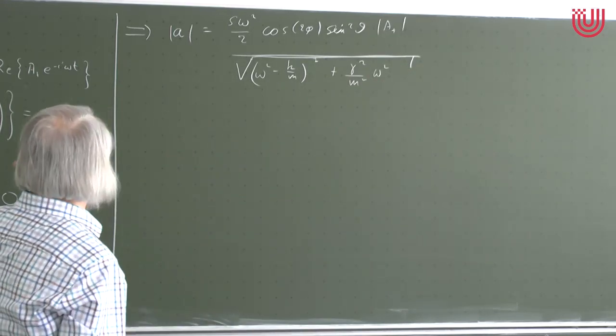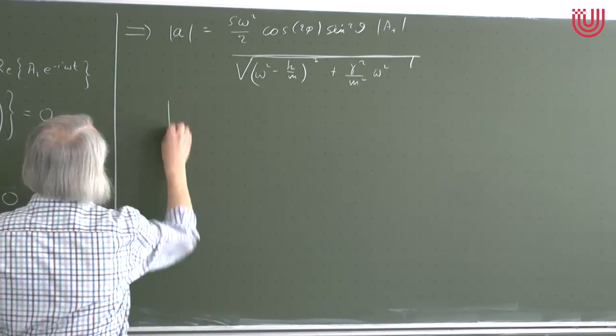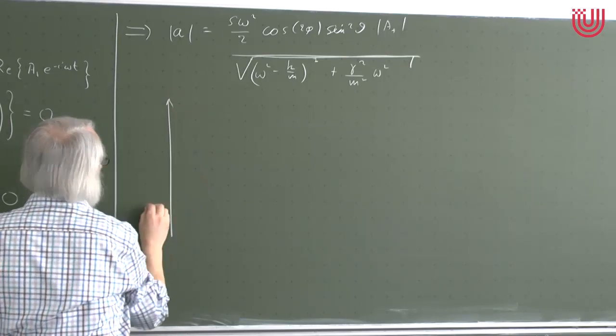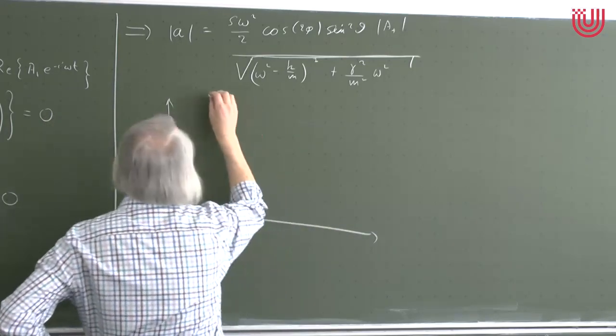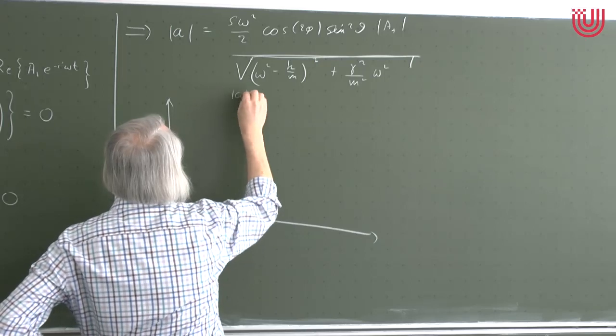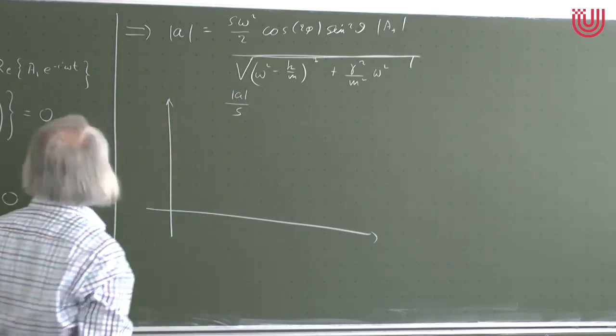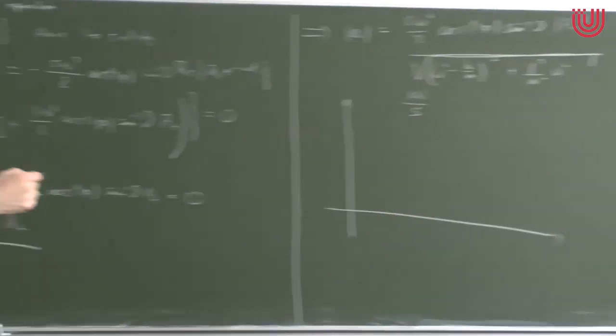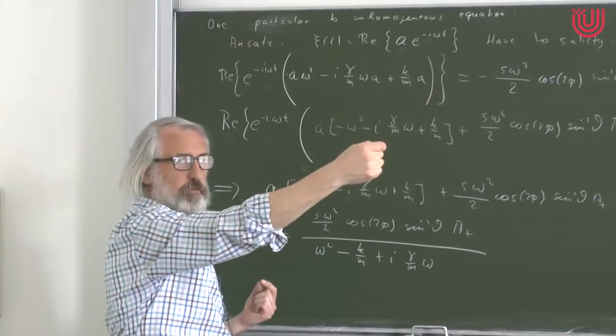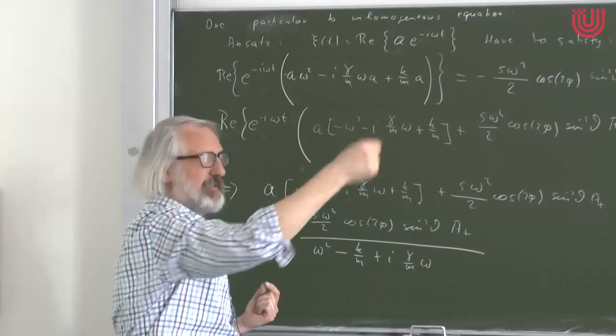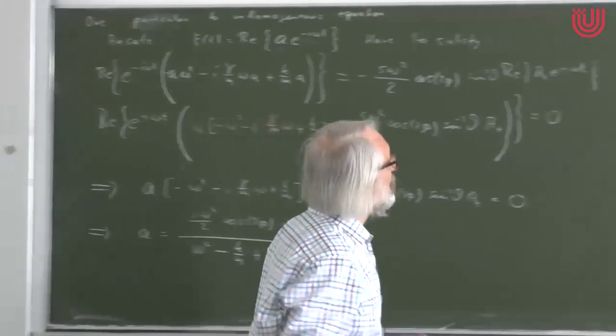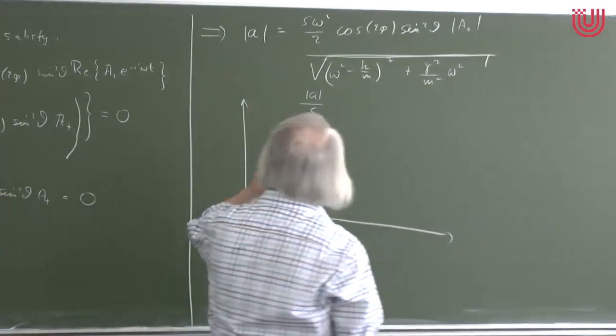if I plot this, what one usually plots is not the A, the amplitude, but rather A over s. s is the elongation in the equilibrium situation, and then psi is a change of this, and A is the amplitude of psi.